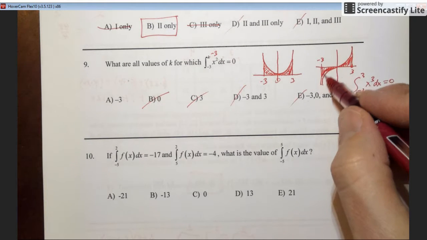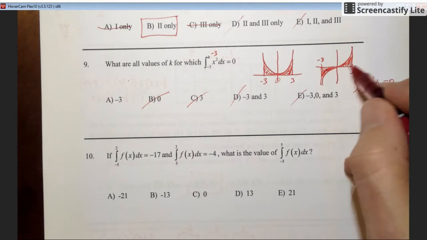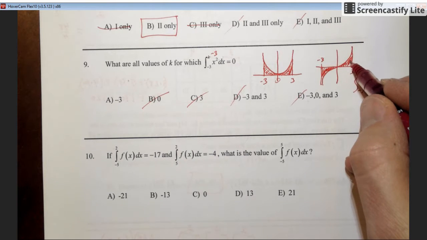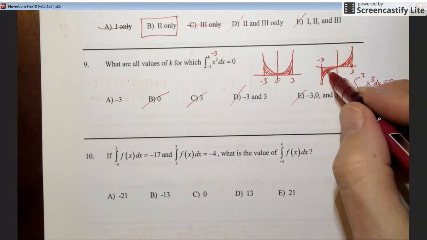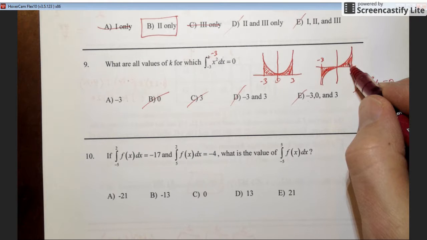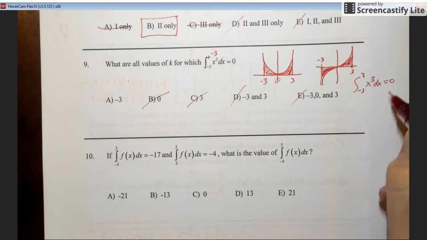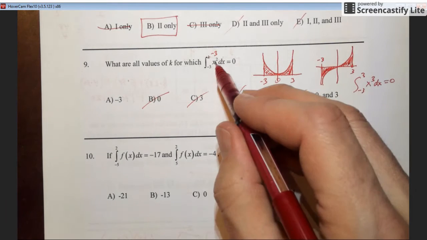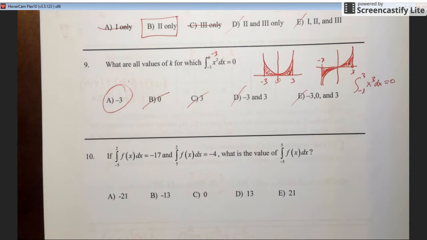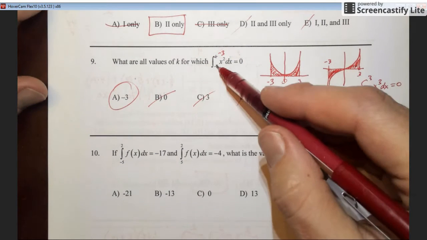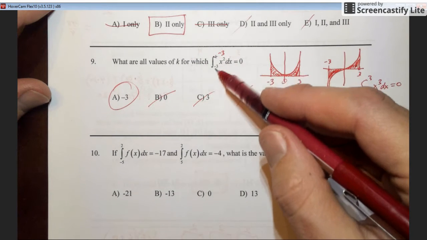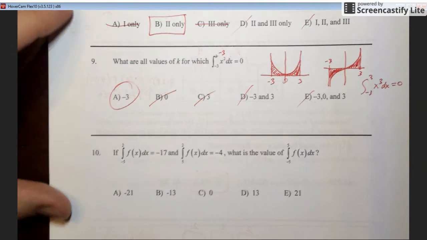Why? Because the area under the curve mirrors the area over the curve, and they wipe each other out. A negative times its positive mirror will be equal to 0. That's not the case with x squared, though. With x squared, the only value is whatever a happens to be at both the top and the bottom bound.